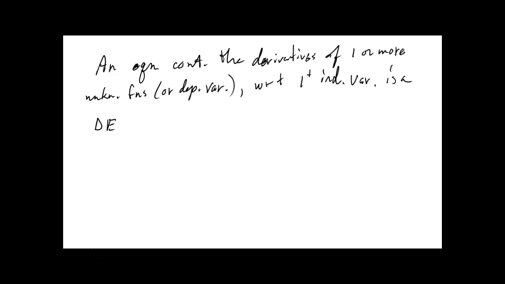Now, obviously, we've expanded this big time from what we had before. Why? First place, we said derivatives. That's why I wrote out the whole word here. Last one, we only had one derivative. We could have more than one derivative, because it says of one or more unknown functions. Before we only had one unknown function, y. Now this is allowing us to have more than one.